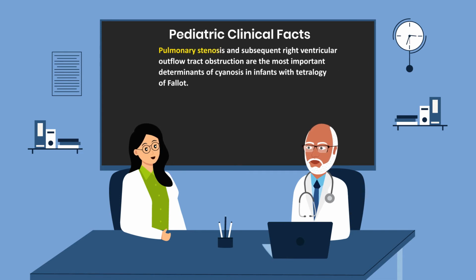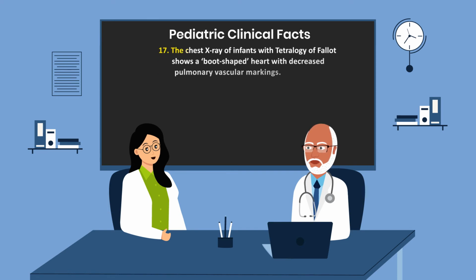Pulmonary stenosis and subsequent right ventricular outflow tract obstruction are the most important determinants of cyanosis in infants with tetralogy of Fallot. The X-ray of infants with tetralogy of Fallot shows a boot-shaped heart with decreased pulmonary vascular markings.